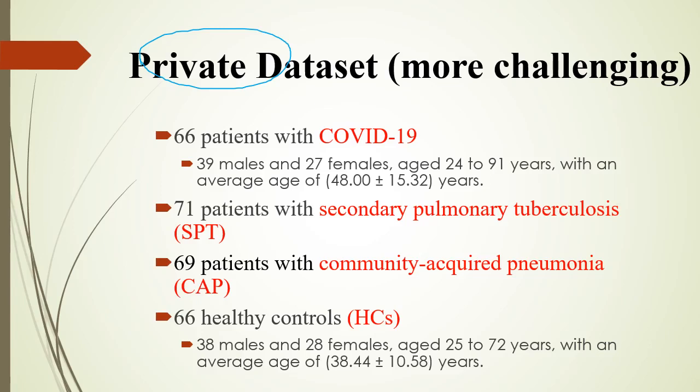Another reason why we created a private dataset is that we want to include other chest infectious diseases. Here, we include 71 patients with secondary pulmonary tuberculosis, the SPT, and 69 patients with community-acquired pneumonia, the CAP. So we use the private dataset to check whether our model can identify the 4 categories.